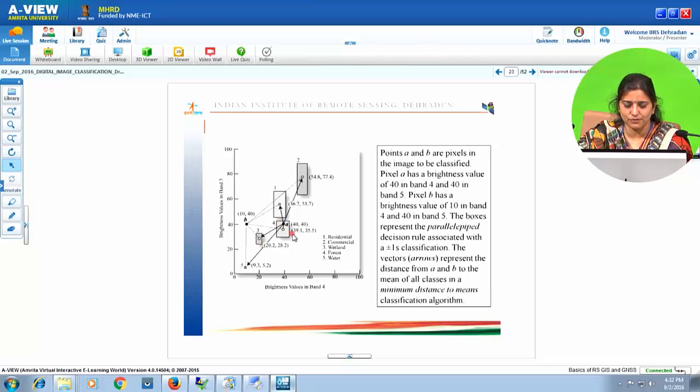There are 2 individual pixels, pixel A and pixel B. Pixel A, as you can see, is falling within the parallelepiped or box for class 4. That is why pixel A would be classified as class 4. The pixel B is not falling in any of these classes. So if we are using the parallelepiped algorithm, then pixel B would be left as an unclassified pixel.